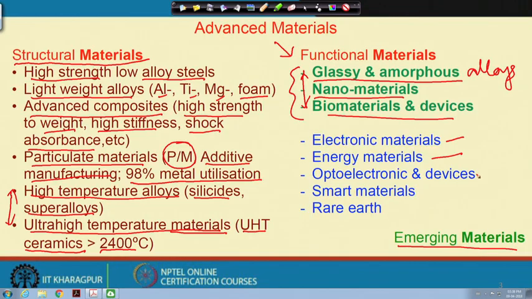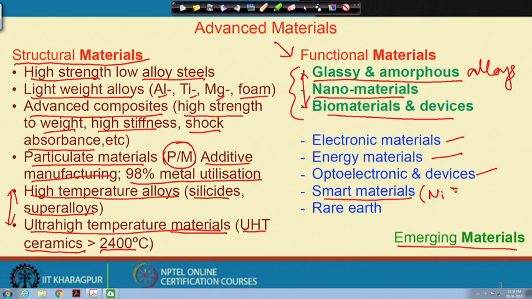There are several optoelectronic materials and devices, and smart metals or materials like nickel titanium, where the material remembers its shape. That is called a smart material, or maybe piezoelectric materials, and all these materials fall under smart materials.